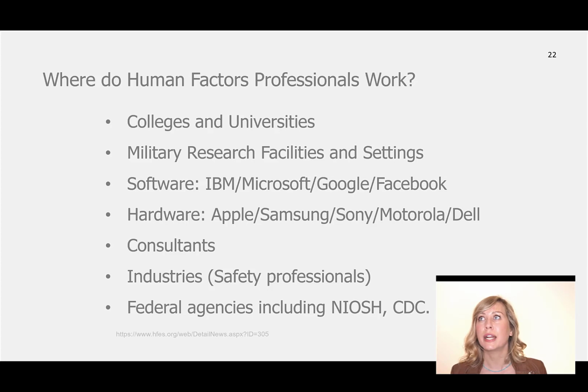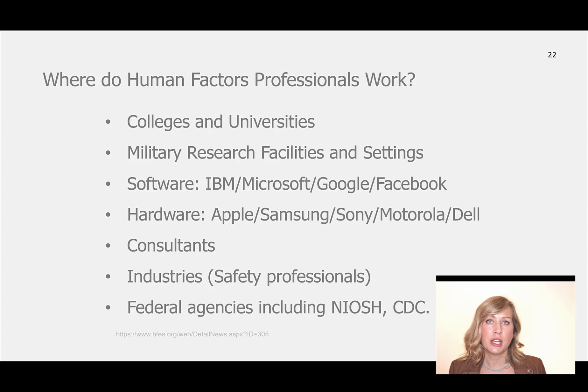Software industry is a great area. Look for companies like IBM and Microsoft and Google and Facebook. They're looking for user-centered design engineers or UX designers or interface designers.